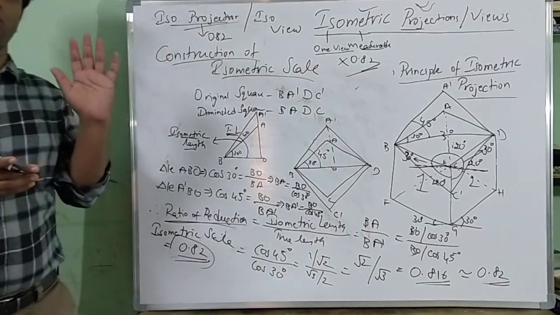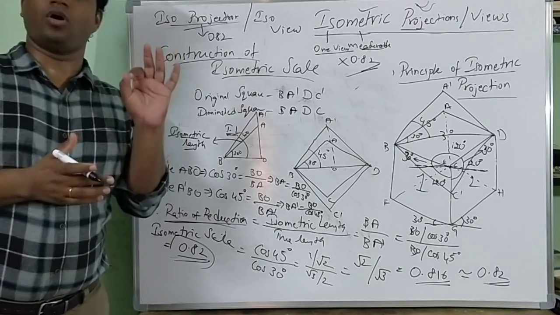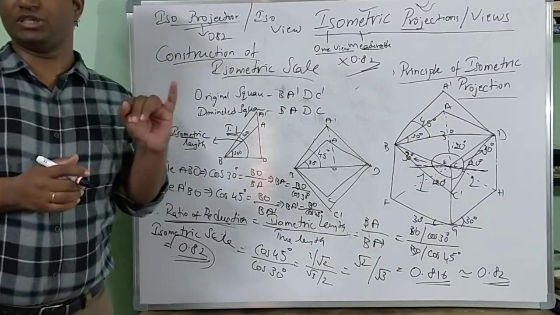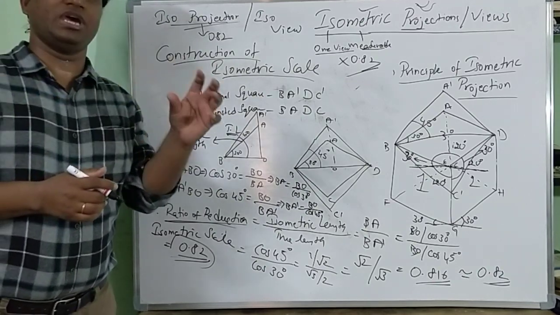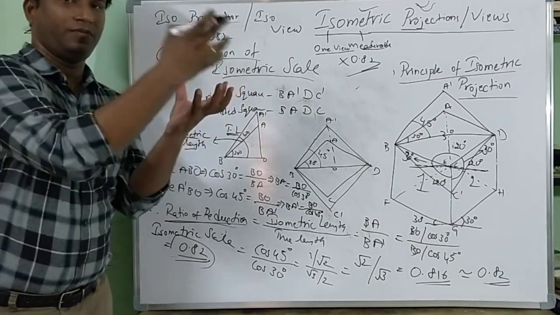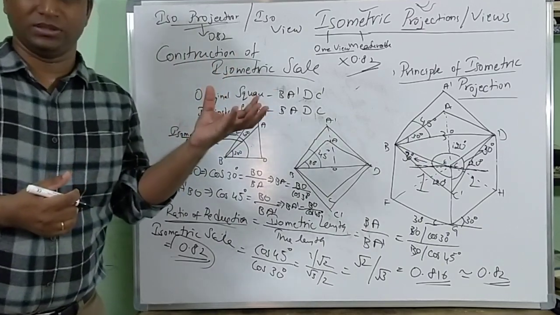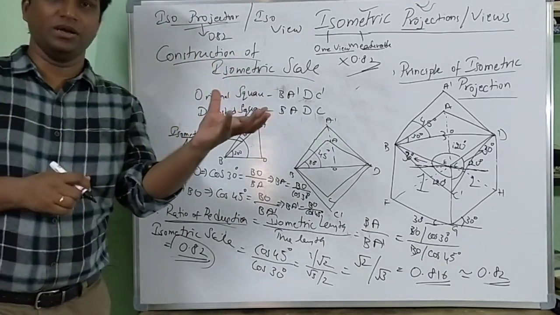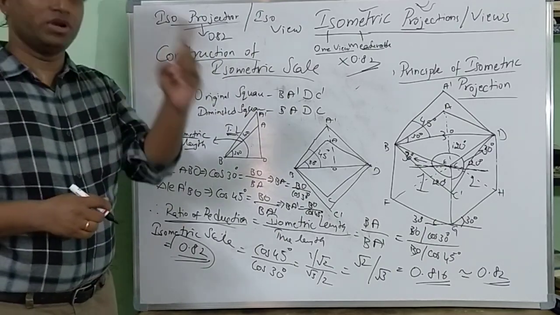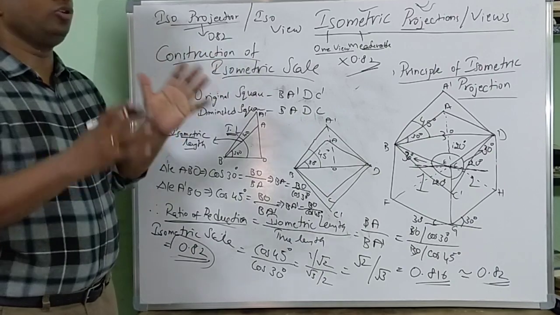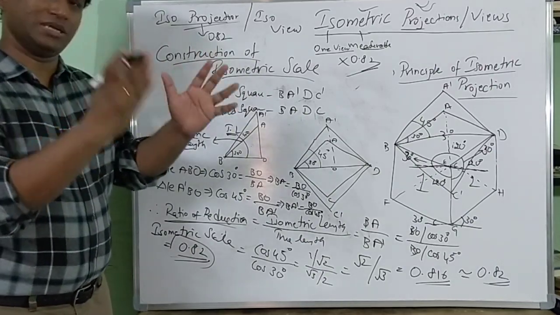Isometric projections are drawings which concentrate on both size and shape. Shape is the three-dimensional view with exact measurement. Size is the measurement. The original dimension is always multiplied with the value to get the correct size and shape.